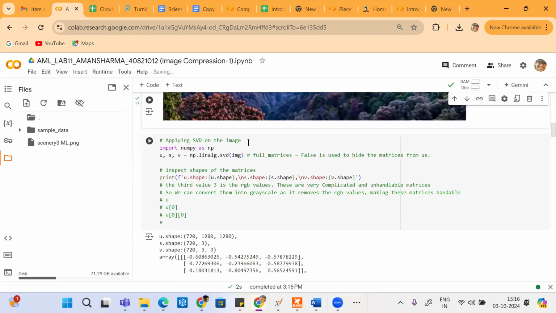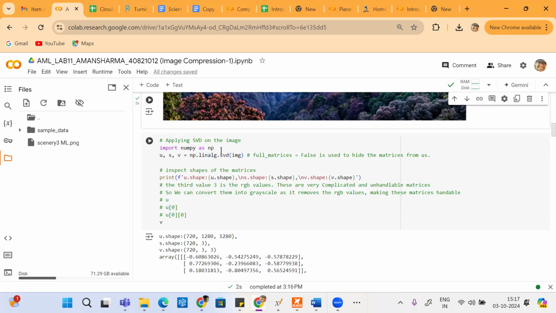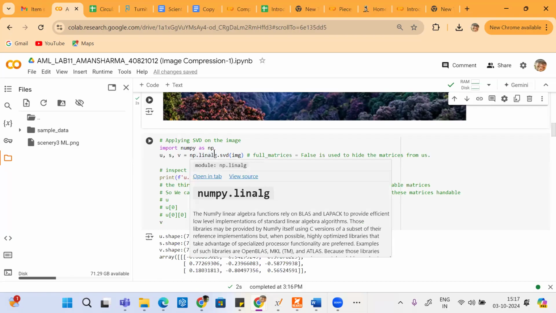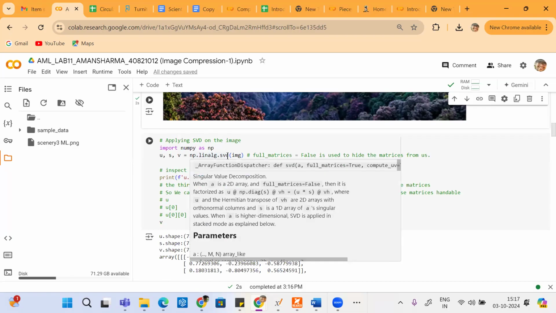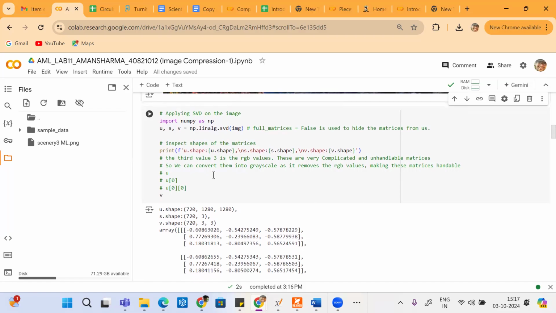So now I am applying the SVD method on it. I am trying to compress that image into a matrix. From the NumPy library I am importing the linear algebra module, and from that module I am importing the SVD algorithm, and we pass the image to the SVD algorithm, and that image will be decomposed into matrices.